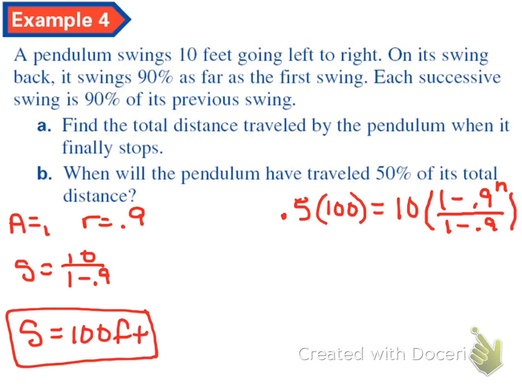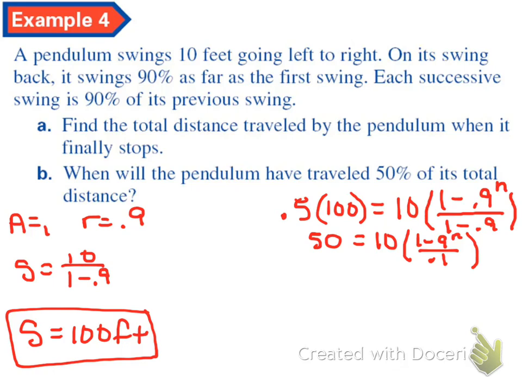And then solve. So 50% of 100 would be 50, equal to 10 times 1 minus 0.9 raised to the power of n over 1 minus 0.9, which would be 0.1.